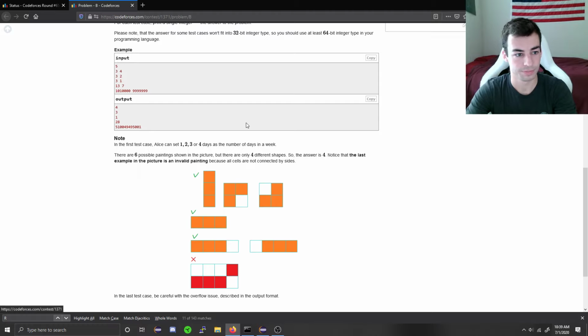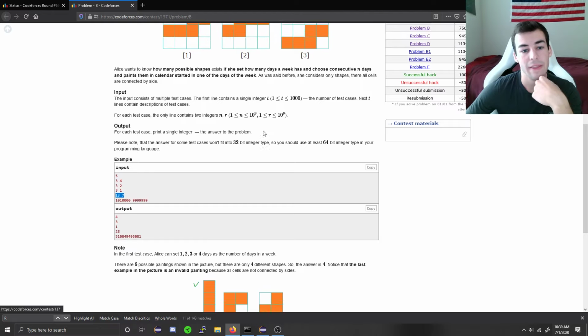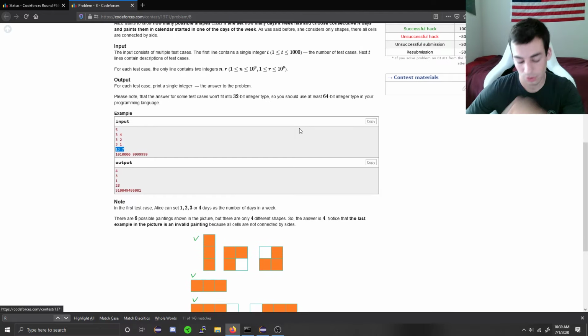So if r is larger than, this looks like it's gonna just be some math here. If r is greater than or equal to n, then r equals n minus 1. And then beyond that, what are we going to be doing here?